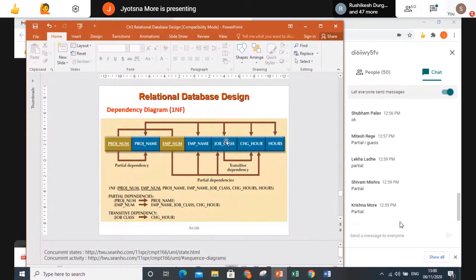So these are determining this, and then this is determining something. So this is known as a transitive functional dependency. So next to this write down TFD, transitive functional dependency, that is our F4.